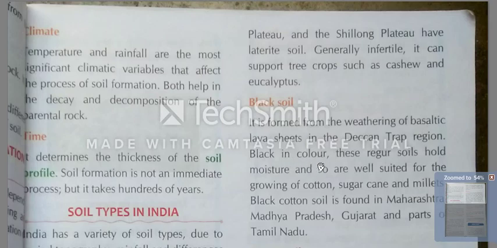Black soil is black in color. These regur soils hold moisture and so are well suited for growing cotton, sugarcane and millets.